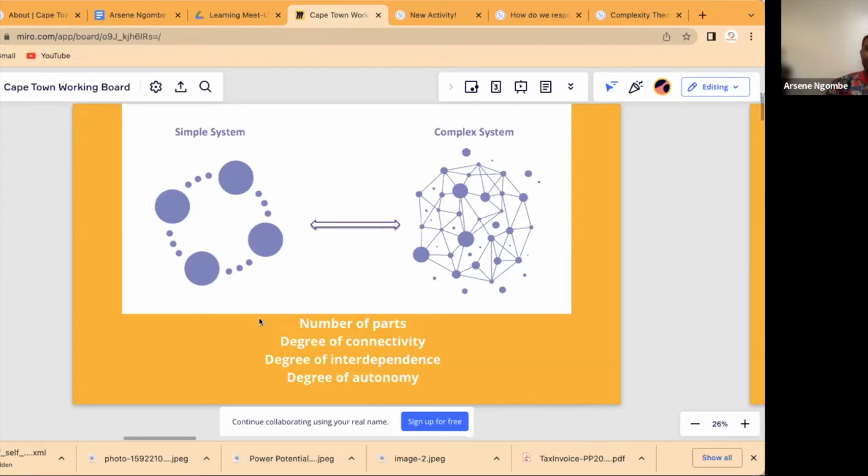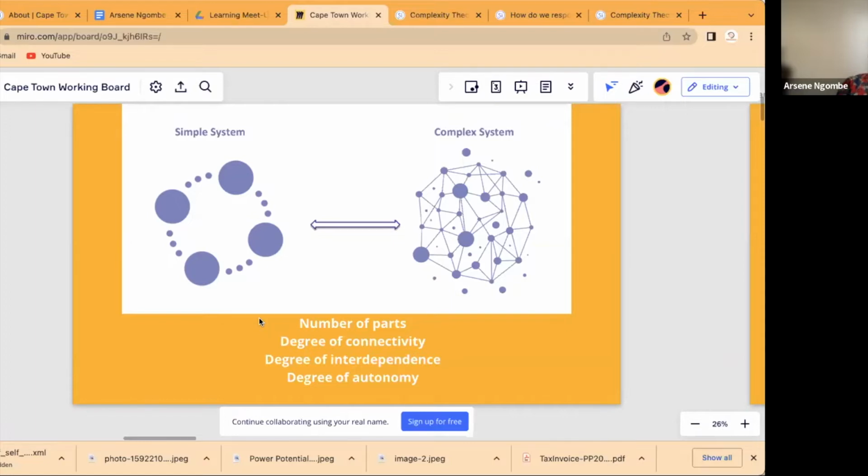It's exactly that. When we deal with simple systems and complex systems, we're thinking about, as I showed here, the number of parts, the degree of connectivity, the degree of interdependence, the degree of autonomy. With complex systems, these things become highly connected and highly interdependent, and despite that, they also operate autonomously.